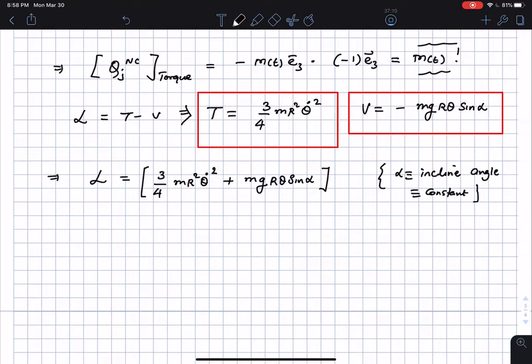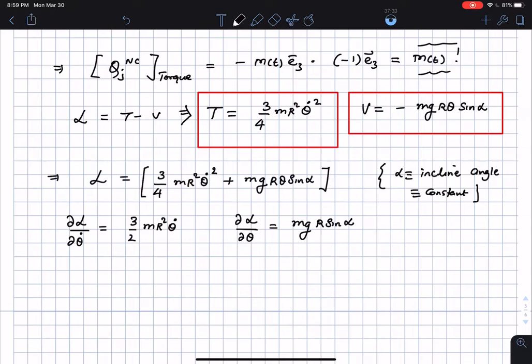Then dL by d theta dot is going to be equal to 3 by 2 m r square theta dot, and dL by d theta is going to be mgr sine alpha, because sine alpha is a constant, it does not undergo any differentiation.